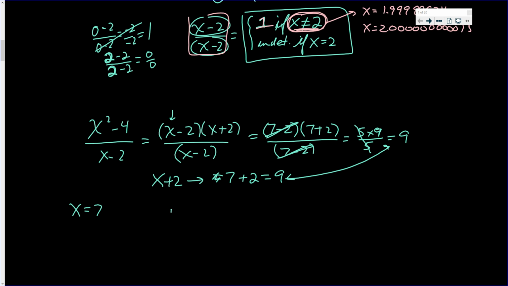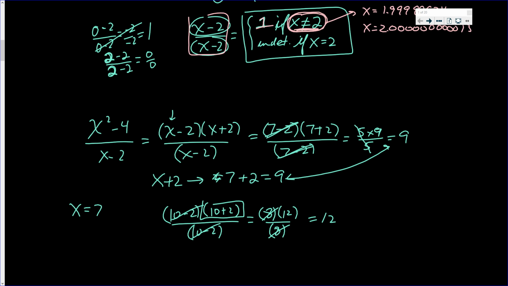I'll plug in 10 now. 10 minus 2 times 10 plus 2 over 10 minus 2. Well, this is 8 times 12 over 8. Oh, look at this. This cancels out. I could have just used 10 plus 2 and I would have gotten the same 12.